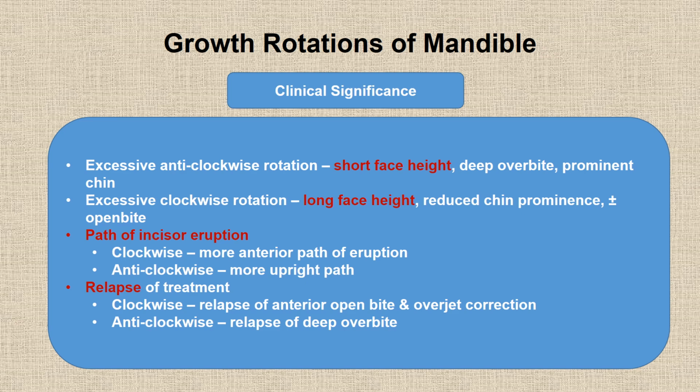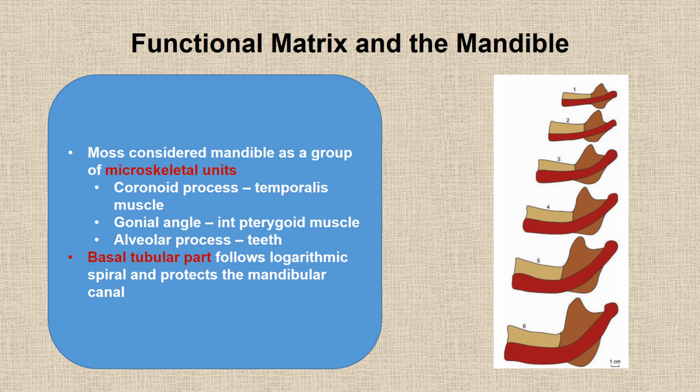Now, how do we relate the functional matrix in the mandible? Most consider the mandible as a group of microskeletal units. These are the coronoid process, which is affected by the temporalis muscle, the gonial angle, which is affected by the internal pterygoid muscle, and the alveolar process, which is affected by the teeth.